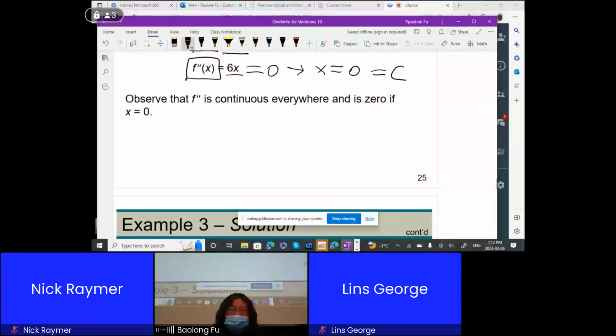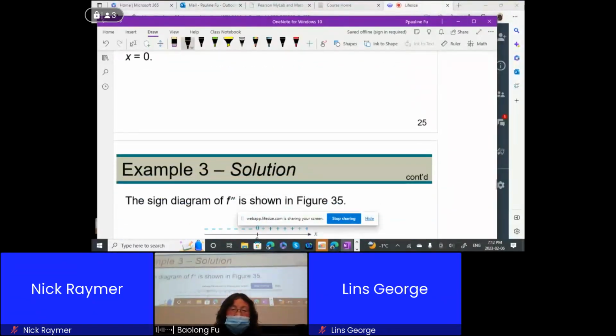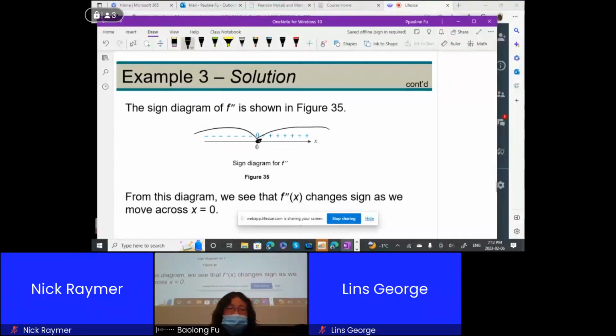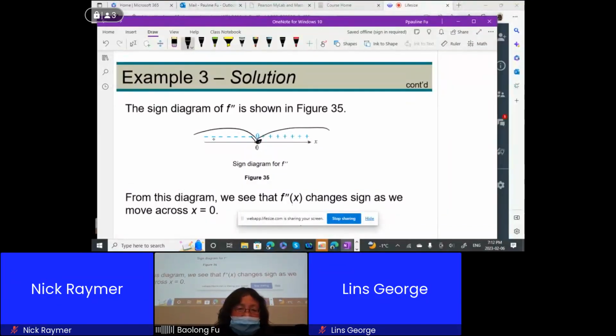This 0 divides the real numbers into two parts: smaller than 0 and greater than 0. Now when x is smaller than 0, what is the second derivative?